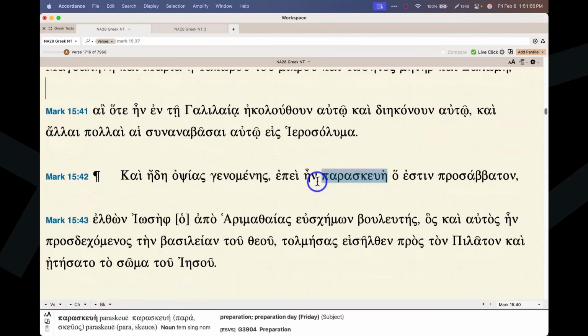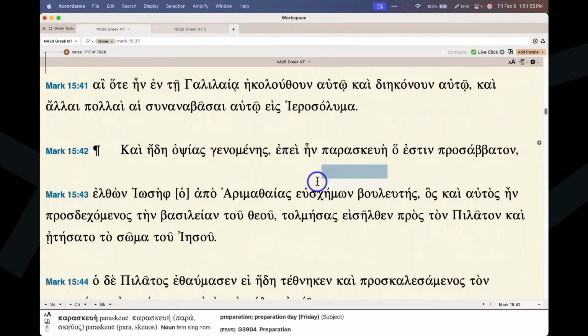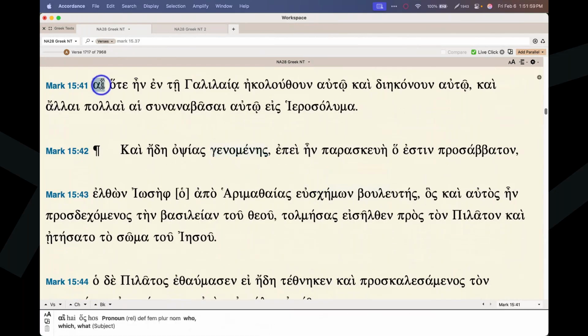So now we do get a little bit of information about these three women, and that is that when they were in Galilee, they were following him, Jesus. And this is from diakoneo. They were serving him, ministering to him, attending to him, supporting him.